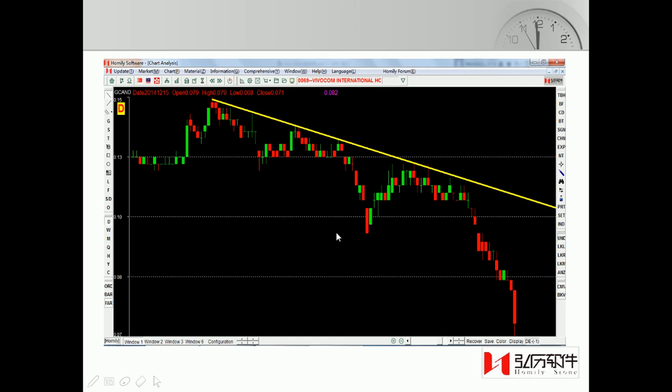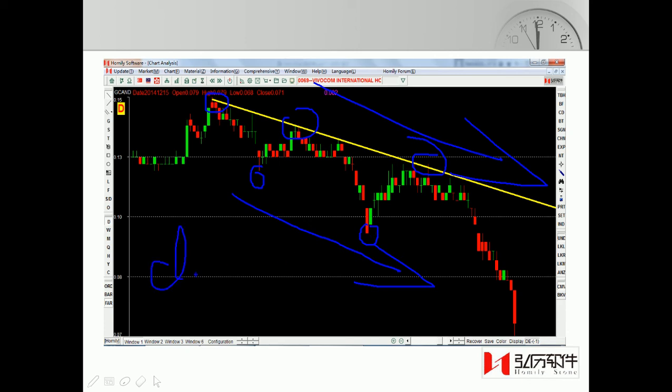In this picture we can see here is a high point, here is a high point, and here is a high point. Actually, this is the lower high, right? And here you can see this is the lower low, which means the downtrend. So you should be careful, because when the downtrend comes, the risk comes. So this is the uptrend and downtrend.